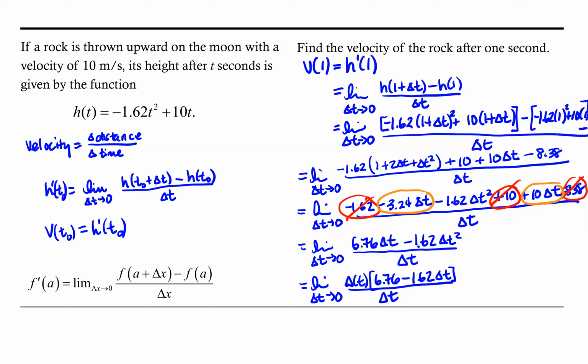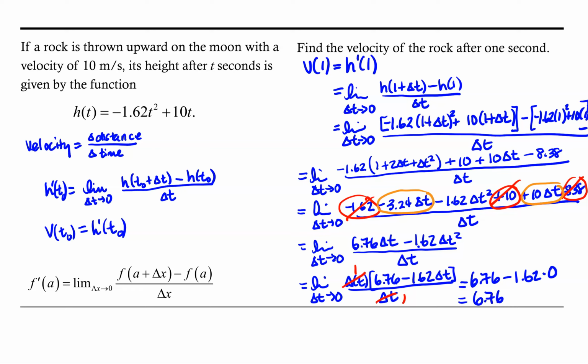At this point, the delta t's can divide out, and I'm ready to consider how my function 6.76 minus 1.62 delta t behaves as delta t goes to 0. So, as delta t goes to 0, 6.76 minus 1.62 delta t goes to 6.76 minus 1.62 times 0, or 6.76.